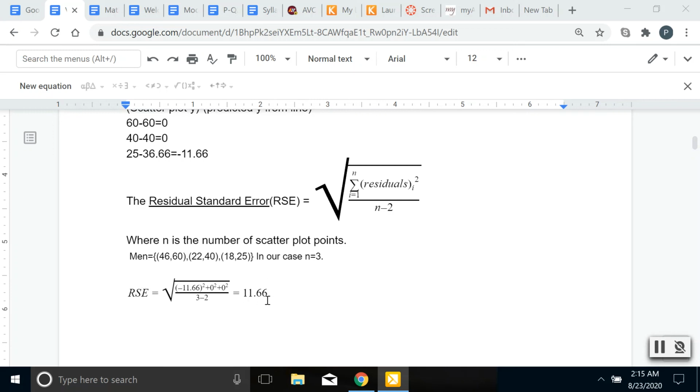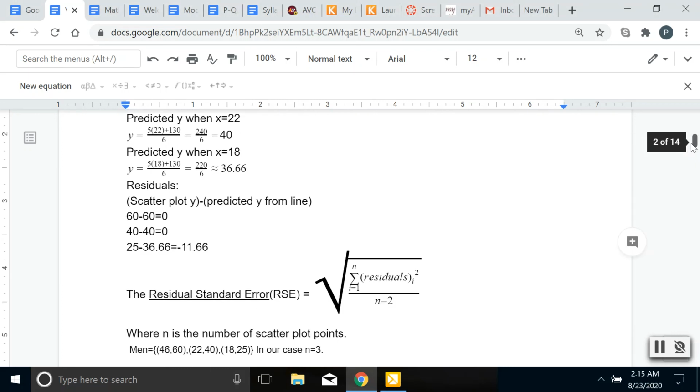Okay, we're going to show actually the RSE for the regression line is about 7.6. So we're going to do that in the next question 3. We'll find the regression line for our men's data here, so scatter plot, and it ends up being about 7.6. So therefore the line we found up here is not the best fit line.